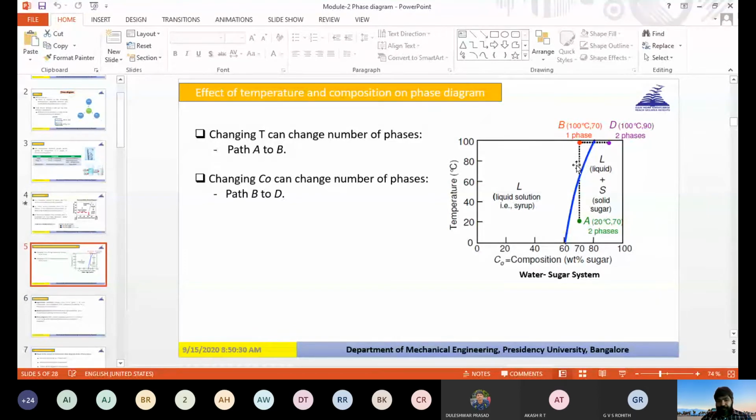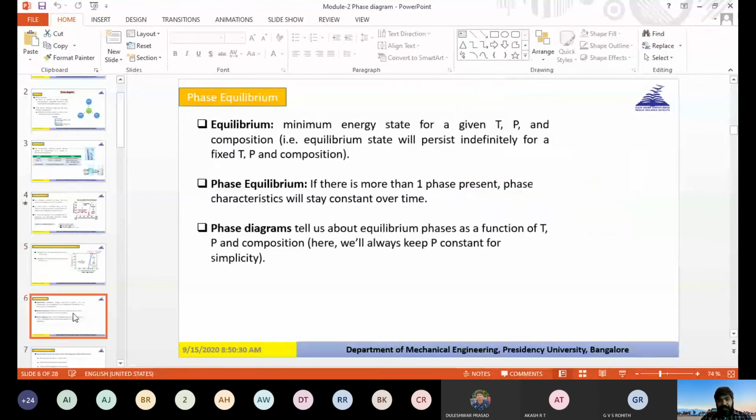So what does the phase diagram tell us? A phase diagram tells us about the equilibrium phases as a function of temperature, pressure and composition. It means if you change the temperature or composition, what will be the phases present in a particular system.